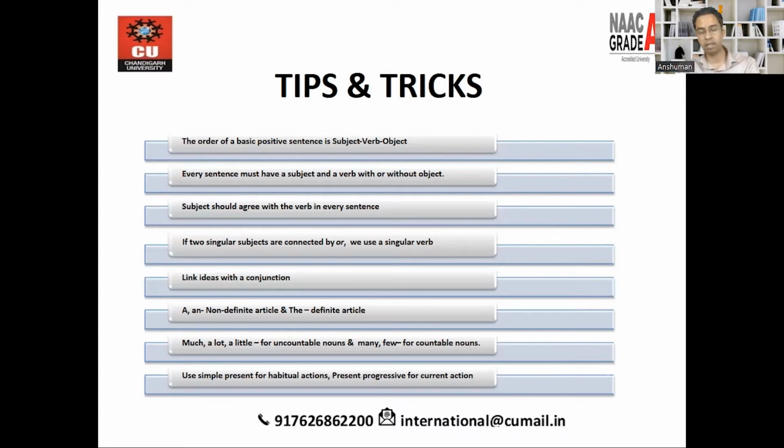Then the next part is to link ideas with a conjunction. What are conjunctions? Conjunctions are the words which connect a noun and a pronoun or other parts of the sentences.